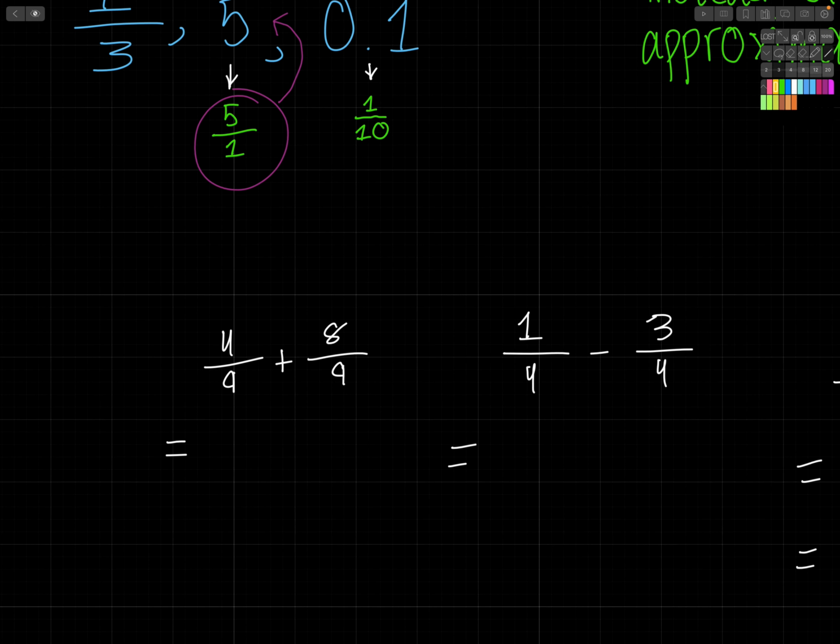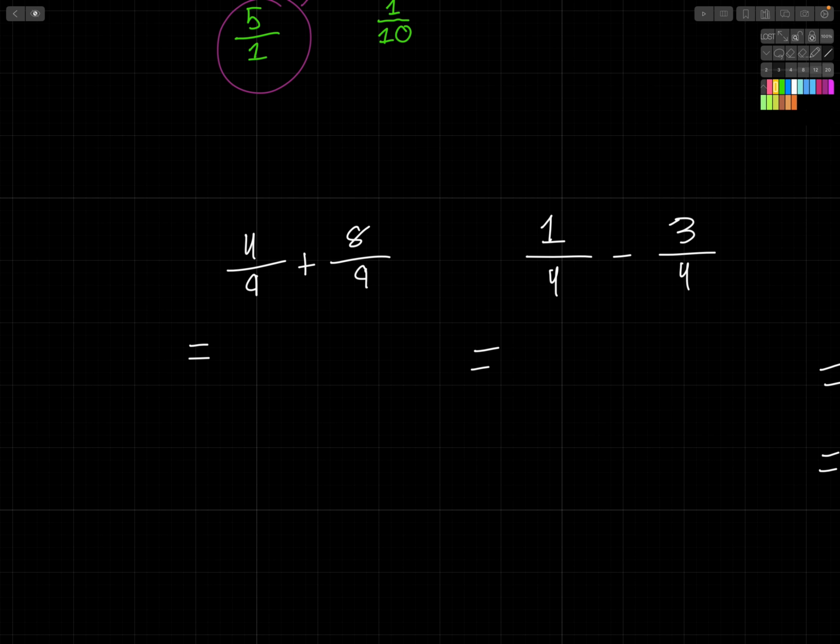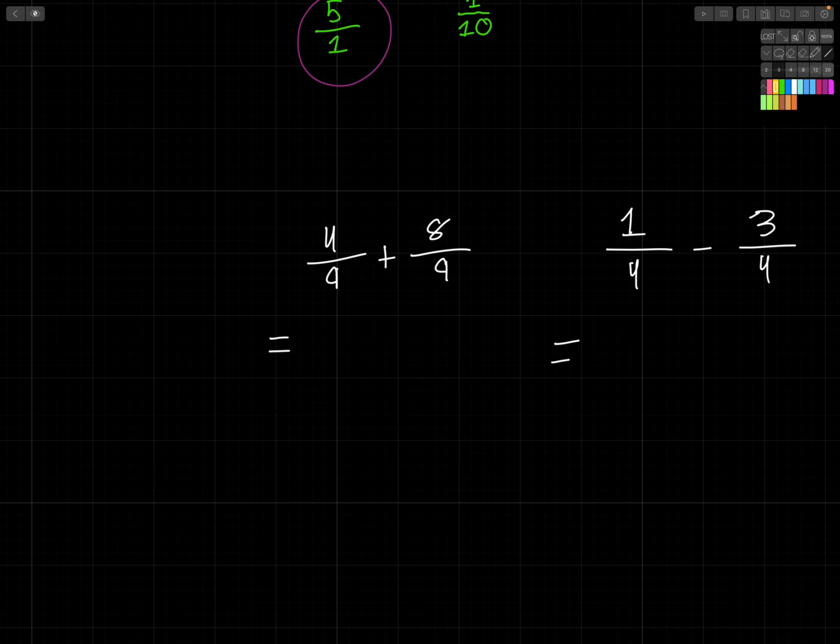So now that we know why we use rational numbers and fractions, let's talk about how to add and subtract them when they have the same denominator. So for a little hint, this is the numerator, the top portion, and the denominator is the bottom portion.